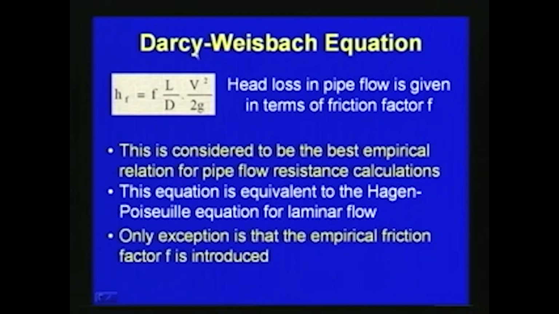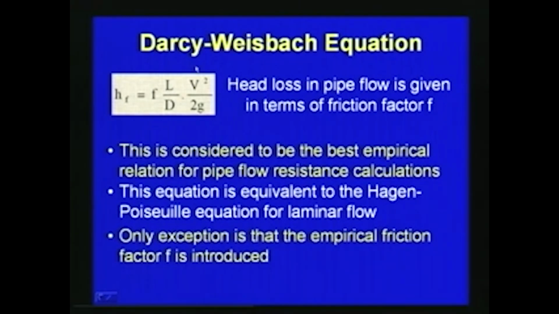The head loss equation given as the Darcy-Weisbach equation is, as you can see here, the head loss given in terms of the friction factor F. So, you can see that the head loss is directly proportional to the friction factor F, directly proportional to the length of the pipe, directly proportional to the square of the average velocity, and inversely proportional to the diameter d.